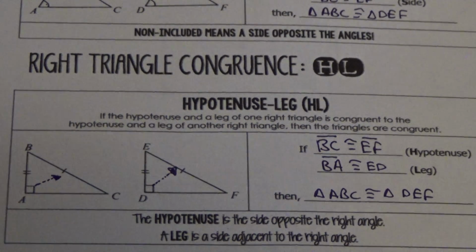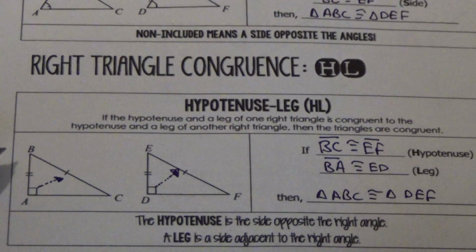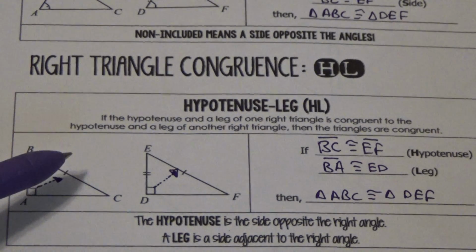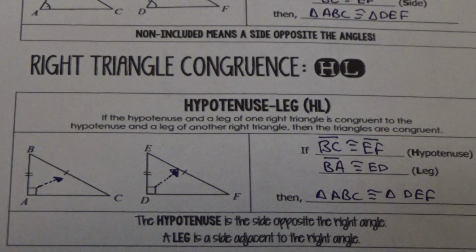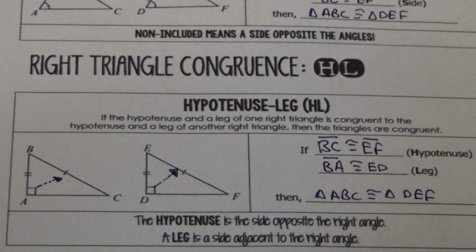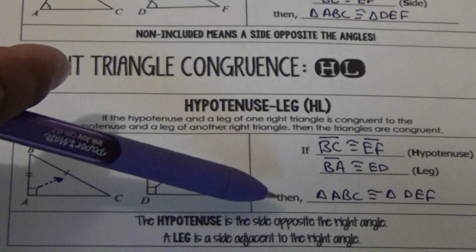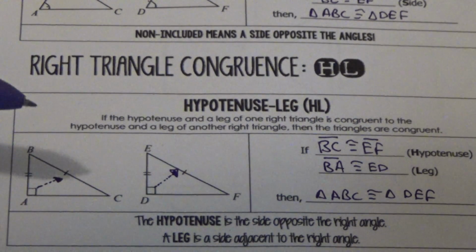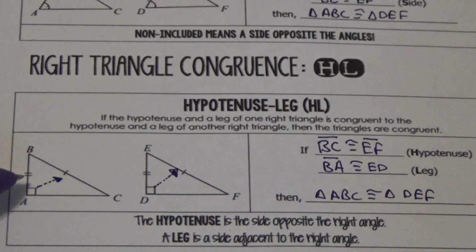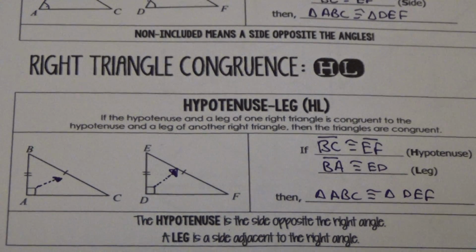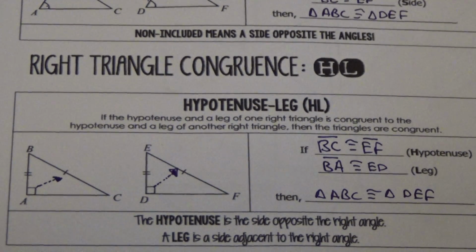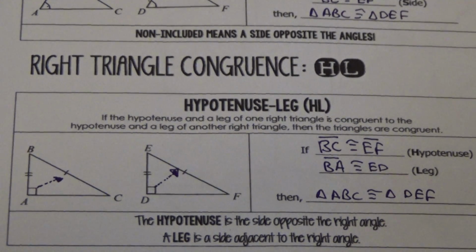Right, so over here, by the tick mark, I can say that side BC is congruent to side EF. And that's the hypotenuse. The hypotenuse is the side opposite of the right angle. Again, I made an arrow. That's the right angle opposite from it. Side BC, that's the hypotenuse, the longest side of the right triangle.